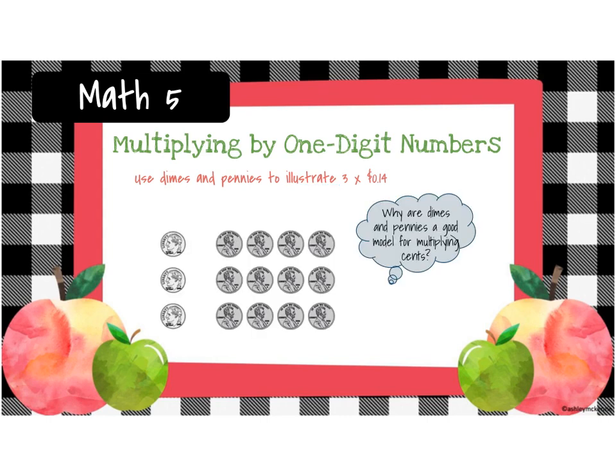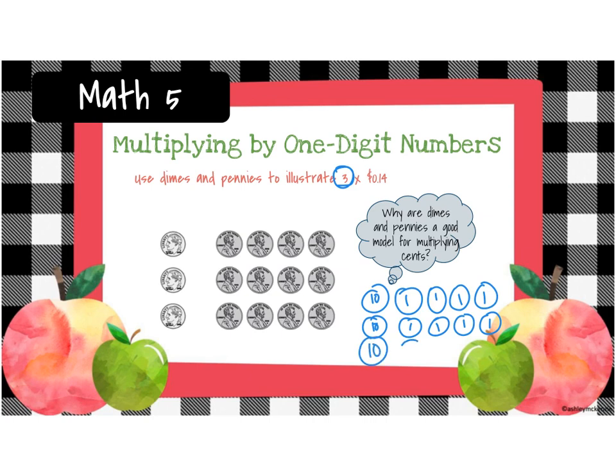Some of you, when you were drawing this out, had this on your whiteboard, starting out. That's a great start. Yes, you needed to have that because that is showing 14 cents. But if I'm doing times 3 right here, I need to have 3 of those total. So another dime and then 4 more pennies.